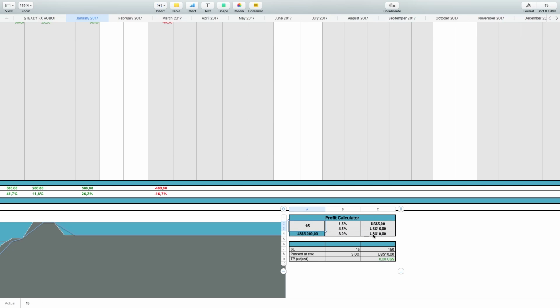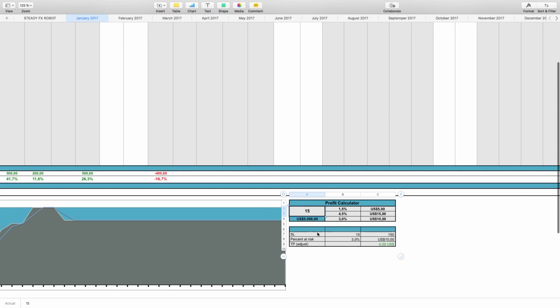You can see whatever the per pip would be, and then you've got your stop loss, because it's 15, so it shows 15, that means 15 pips is $150 of 5,000, and your risk is 3%, which is obviously $10 per pip. Now you can set your take profit and you can adjust that. So let's say you want to go for 50. Now it's going to show you that 50 pips would be $500.